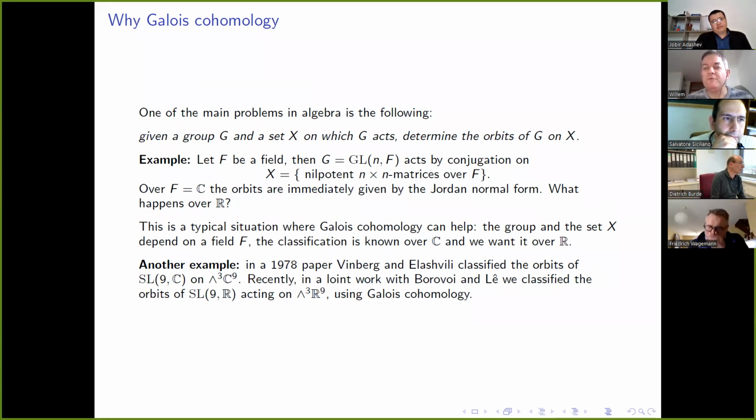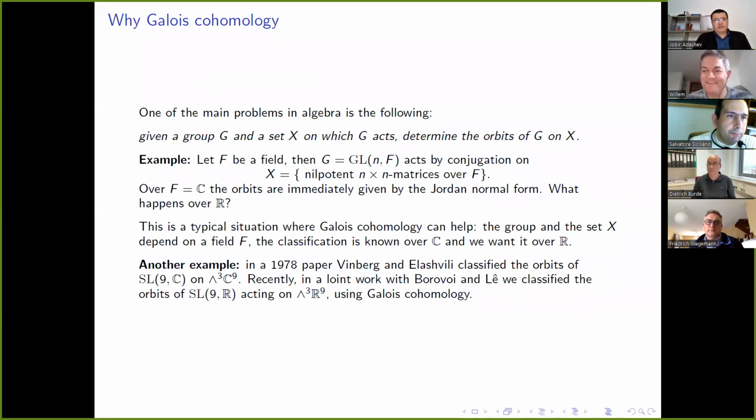We have a paper; it's on the arXiv, and it's also published in the Journal of Algebra. On the arXiv we have two papers, one of about 30 pages and one of about 130 pages. The 130-page one contains all the computations and also a lot of Galois cohomology computations. That was our motivation to write a program to do the Galois cohomology computations, so as not to have to do it by hand.